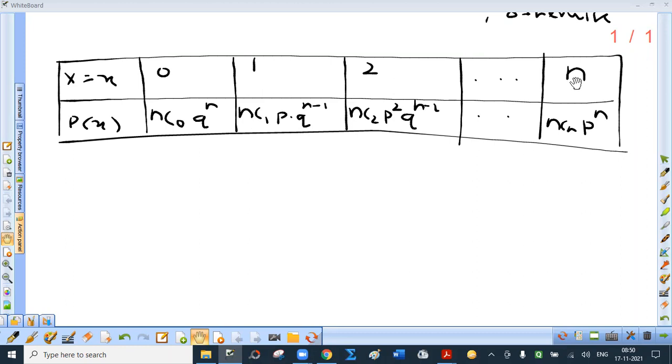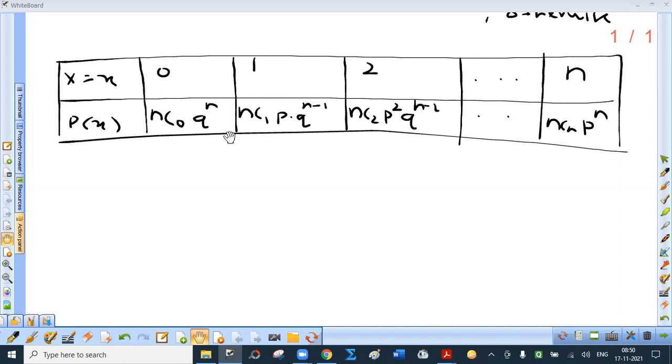Up to all n trials resulting in success, so p product n times, p^n. So nCn is 1, and 1 into p^n is p^n. Is that clear?